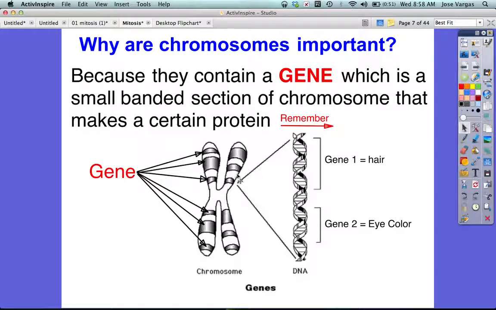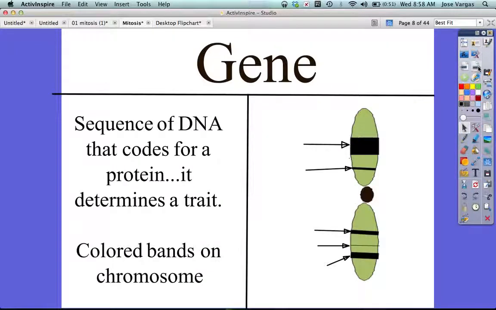So every gene codes for something different, and like we saw in DNA, transcription to RNA and then translation to protein, this is the code of life. So it's just a sequence of DNA that codes for a protein and determines a trait. So these are like the color bands on a chromosome.